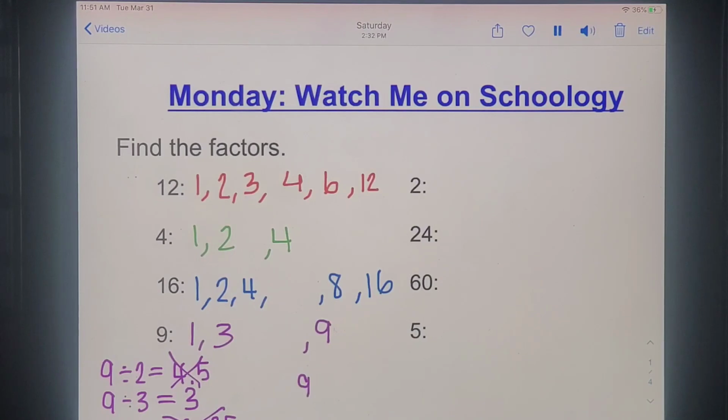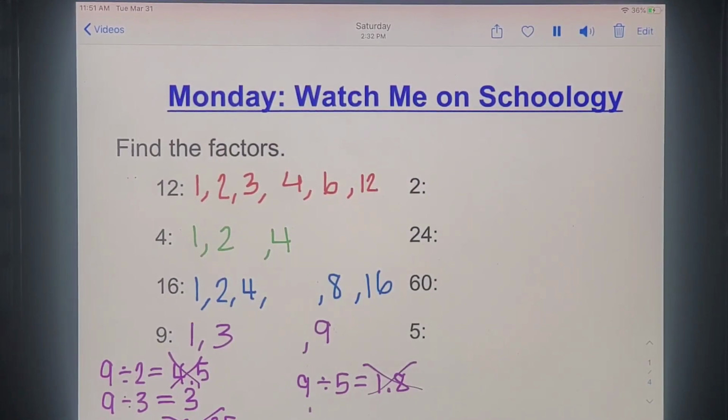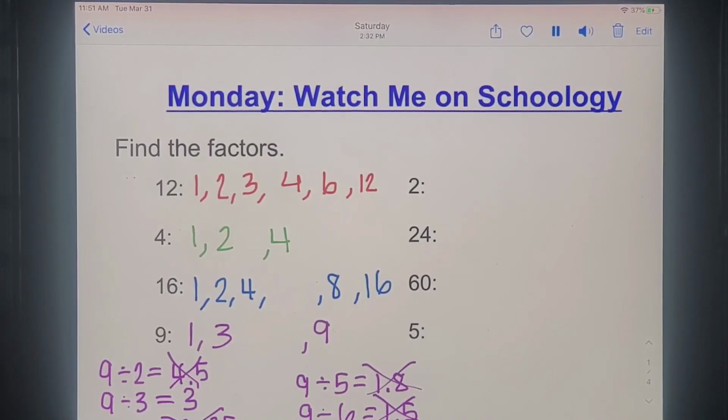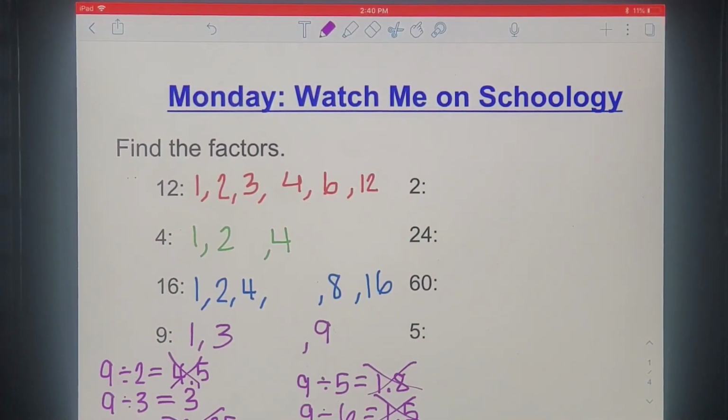In your calculator, do 9 divided by 5. That equals 1.8. Not good. We don't want a decimal. Next, we can try 9 divided by 6. That equals 1.5. So not good. Next, we can do 9 divided by 7. 9 divided by 7 equals 1.28.